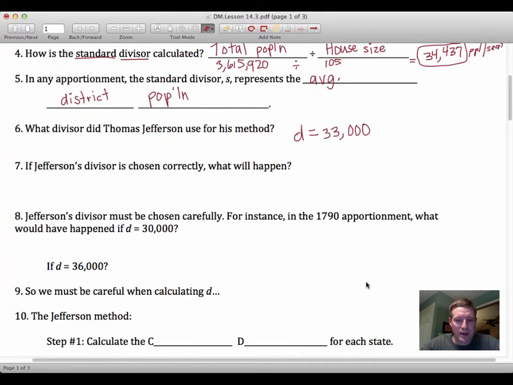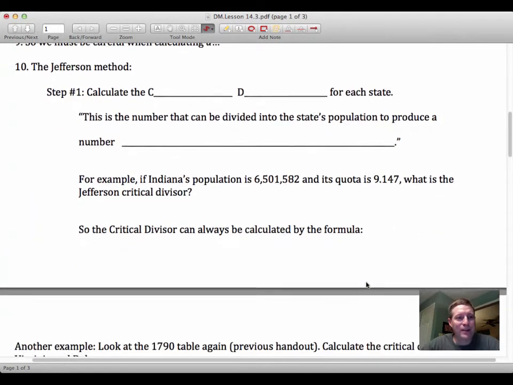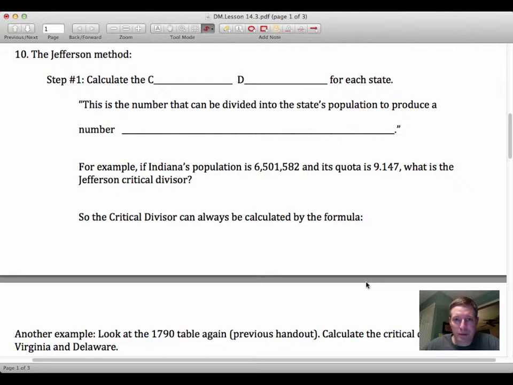So if we go back to the worksheet, the Jefferson method, the way we are going to be doing it, since we don't have this fancy little slider software, we're going to have to calculate what's called the critical divisor. The critical divisor for each state is what I just demonstrated for you.